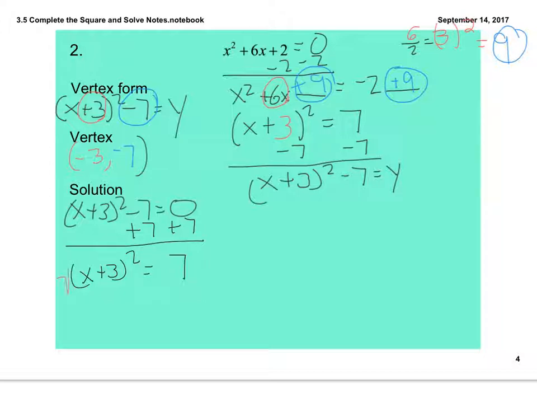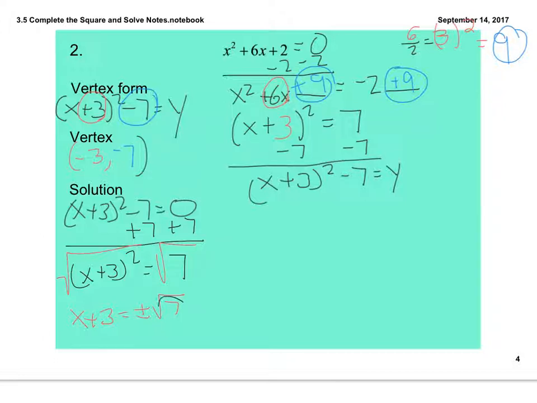At this point, I need to take the square root of both sides, and that's x plus 3 is equal to plus or minus the square root of 7.